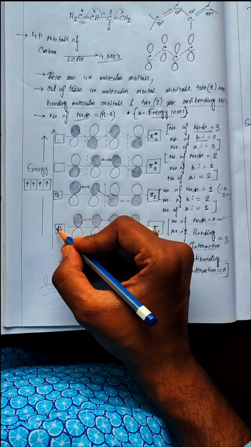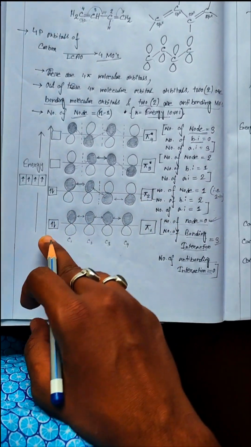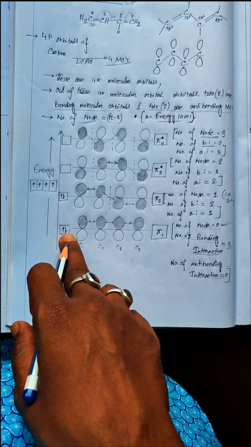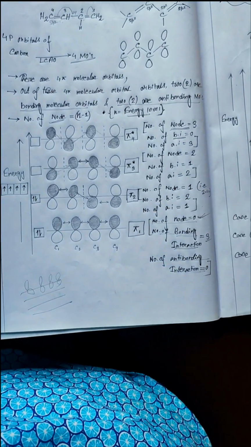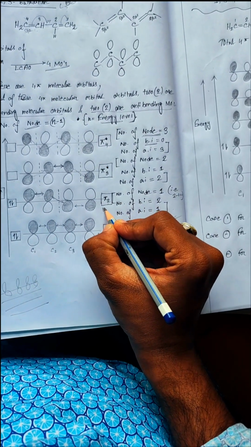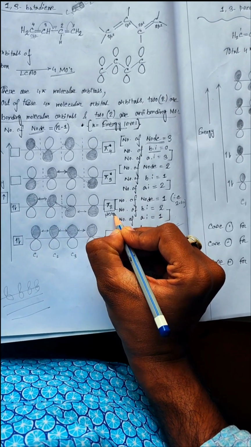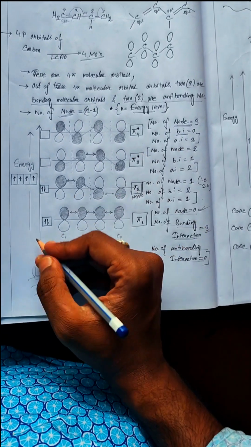In accordance with Hund's rule, 1, 2, 3, 4, each box will contain a maximum of 2 electrons. So here 2 electrons are present. That means psi 2 will be the HOMO, the highest occupied molecular orbital. Now that is the ground state.